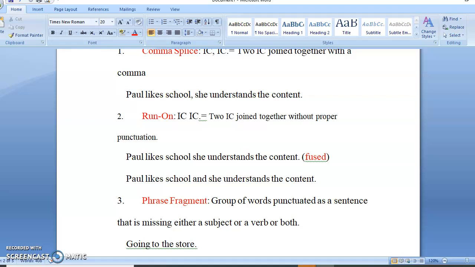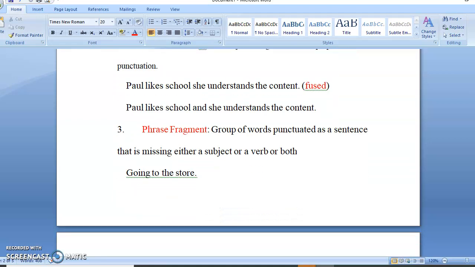Anytime you put a period at the end of a group of words, you are identifying that as a sentence, which means now the reader is looking for the subject and the verb. And if you don't have either one of those, or one of them is missing, or it's not a complete thought, then you have a fragment.